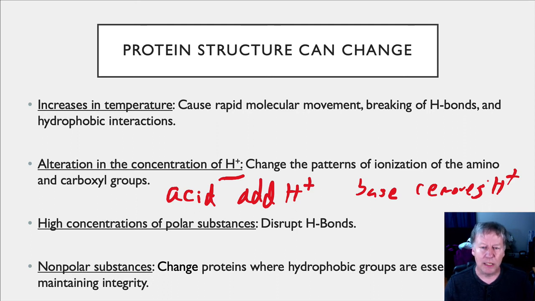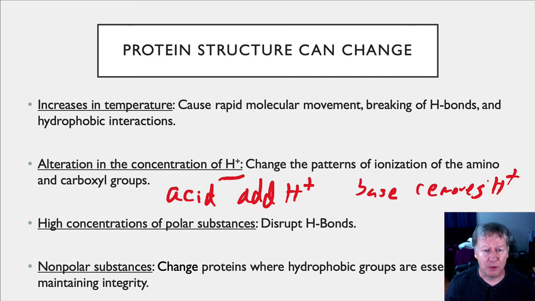Each protein is optimized to work under certain pH conditions, and the more you deviate from those conditions, the less well it works, because the protein begins to change shape. It cannot maintain its shape, and when it can't maintain its shape, it ceases to function as well, or not at all.